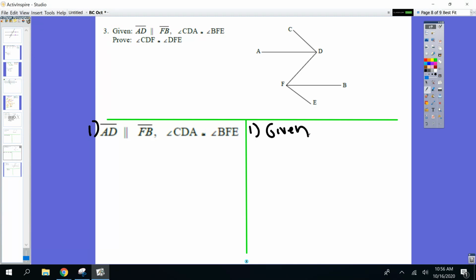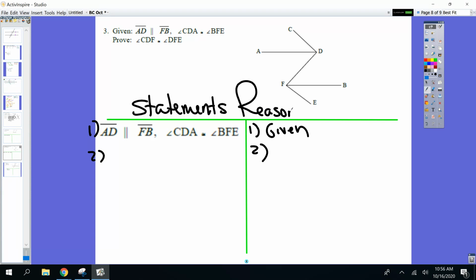We got work to do here. Mark your diagram. You guys know the deal. Start looking at the proof statement. Look at the angles in the proof statement.